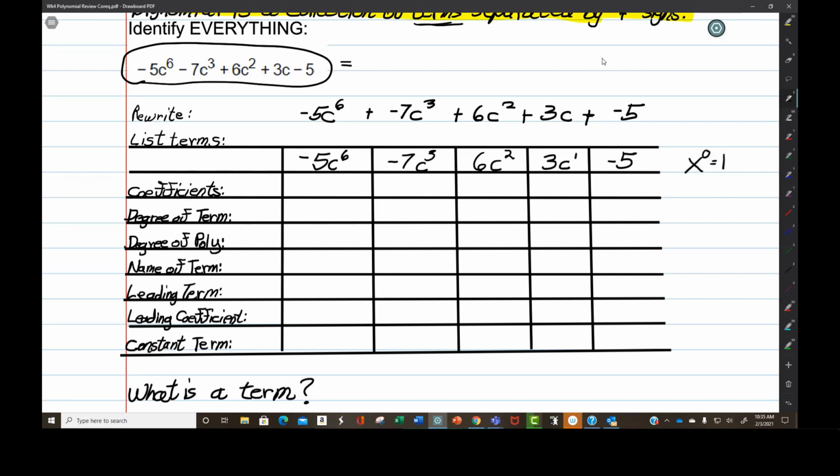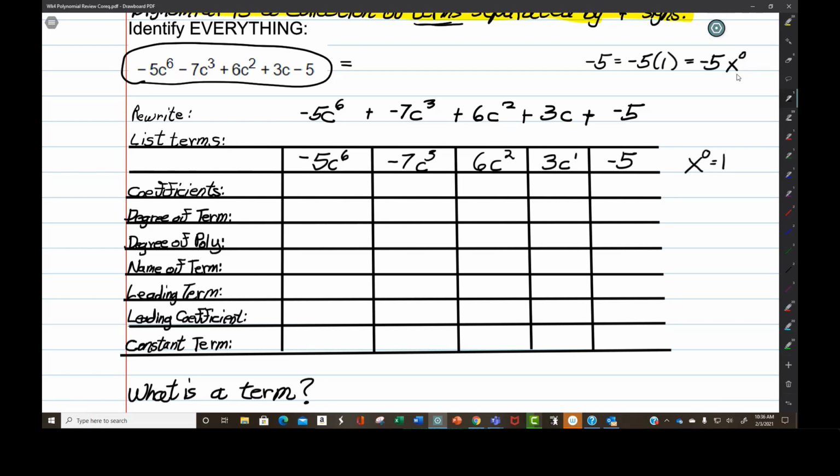So negative 5, let me write it up here, negative 5 is exactly the same thing as negative 5 times 1. And 1 equals x to the 0 power. It ends up this term is actually negative 5 times x to the 0 power.